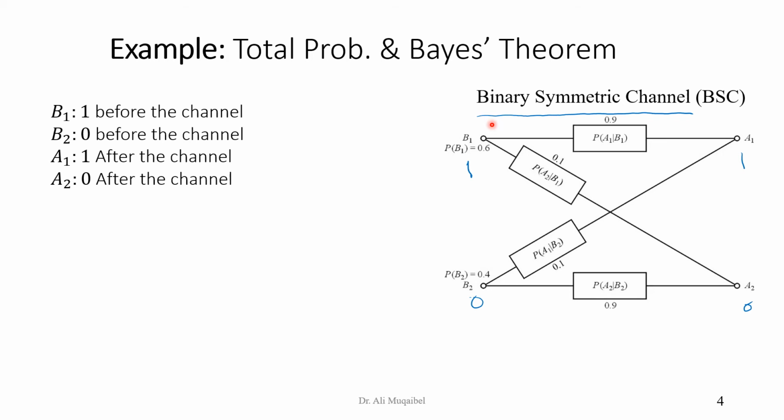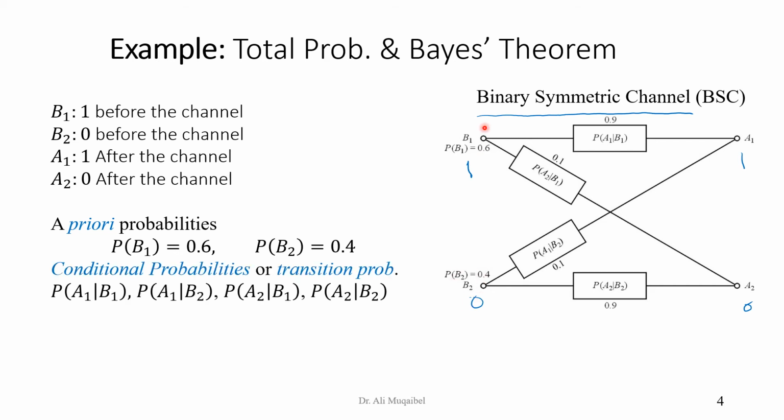And we are given the following. We are told that the a priori probability of getting this B1, or sending 1, is 0.6 before being transmitted. Of course, either you send 1 or 0. So automatically, if this is 0.6, this must be 0.4. We are also given what we call the conditional probability or the transition probability.